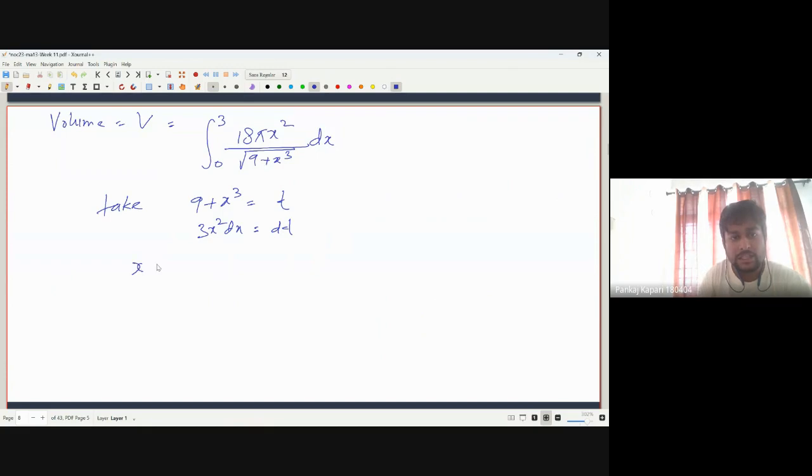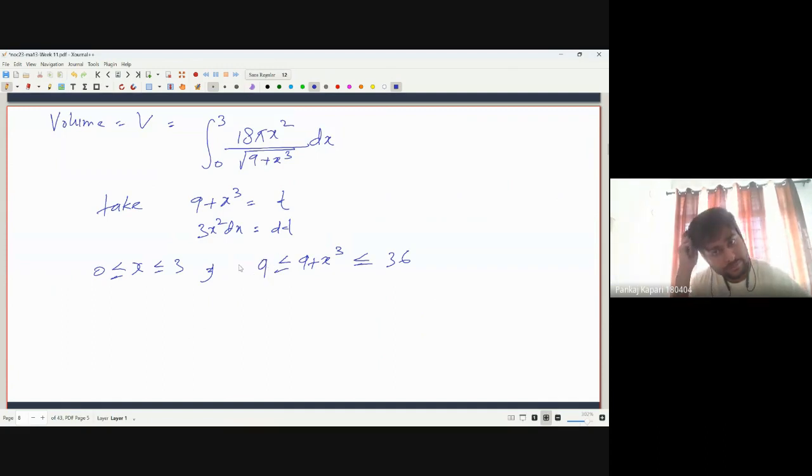And now since x varies between 0 and 3, 9 plus x cube is t, that means t varies between 9 and 36.